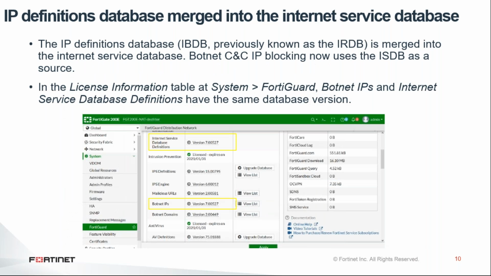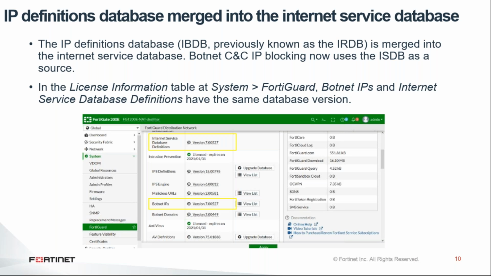In addition to the Internet Service Database, you probably know that we have a botnet database. This botnet database, which had different names in the past, like EBDB and IRDB, will all be merged into one big database, the Internet Service Database. Well, I personally think it is a good idea to consolidate all those different databases into one.